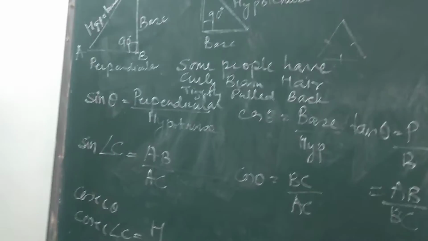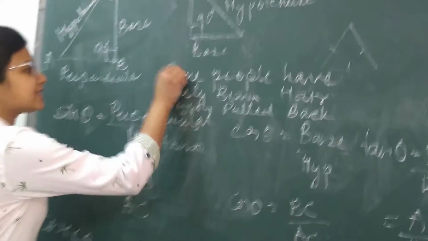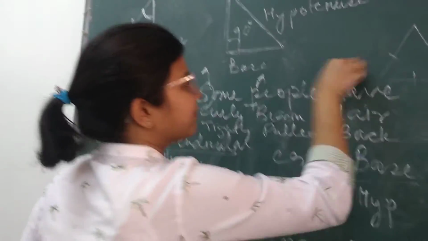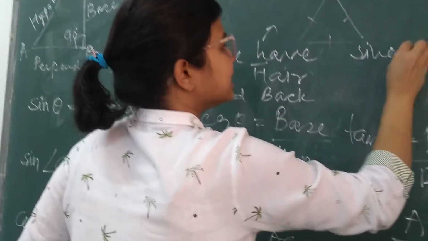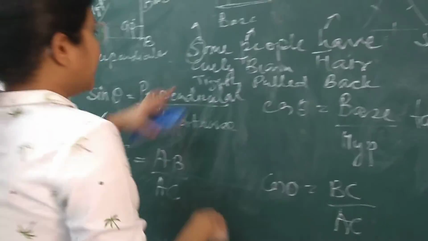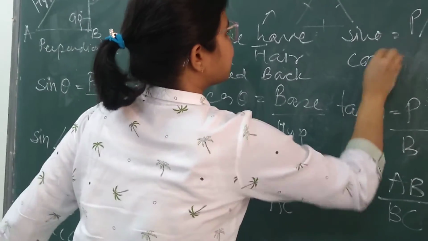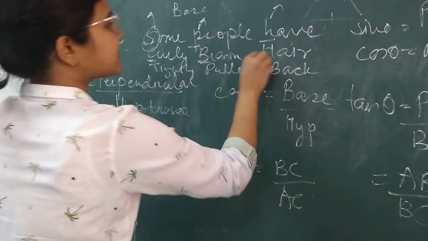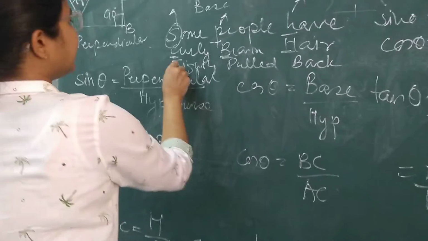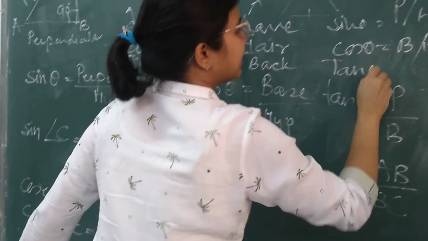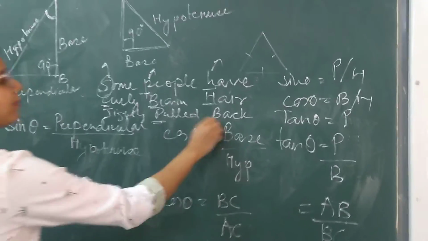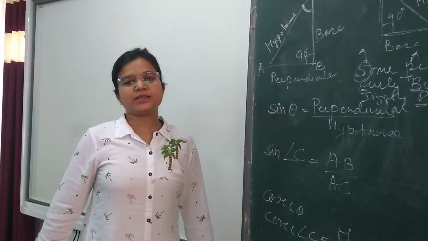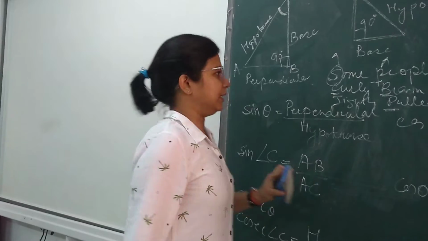Now we can easily memorize this, where S stands for sine theta, P stands for the perpendicular, and H stands for the hypotenuse. So sine theta is P by H. C stands for cos theta, B stands for the base, and H stands for the hypotenuse. And then we have T, which is tan theta. Tan theta is P by B, that is perpendicular by base. And it will be easy for us to memorize the formulas.